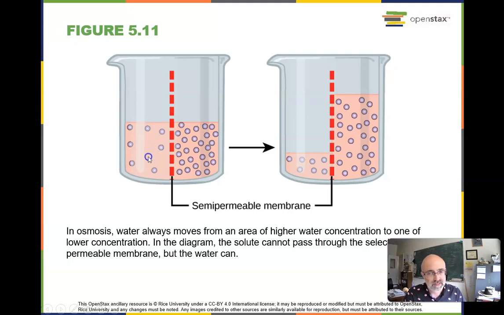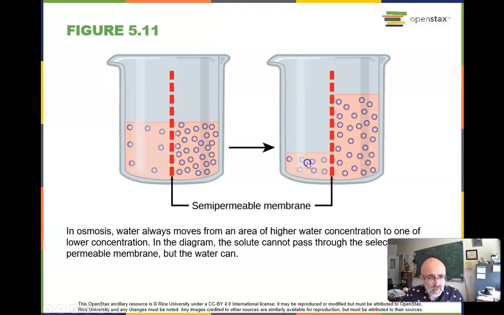That's right. There's more water per volume. Why? Because in the same amount of volume, there are fewer solutes dissolved in the water. So effectively, that makes the water have a higher concentration here, a lower concentration on the other side of the membrane. So, all things being equal, what's going to happen?